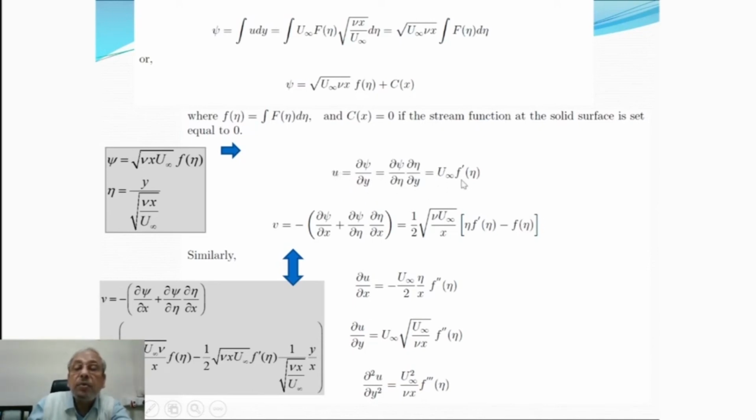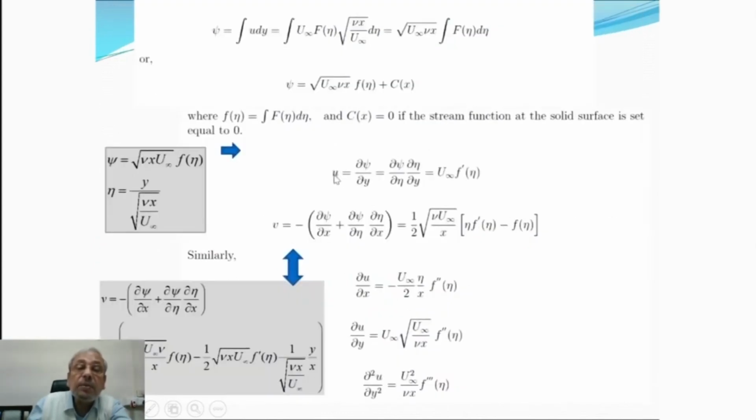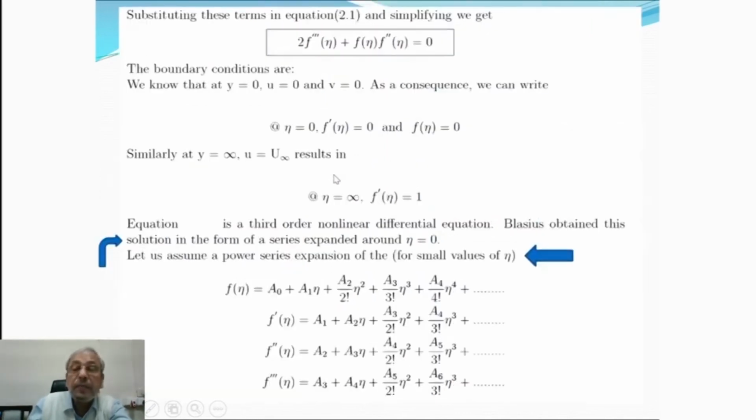That means at eta equal to infinity, f prime eta will be 1, since this u is u infinity and this is u infinity. So u equal to u infinity produces, at eta equal to infinity, f prime eta equal to 1. We have shown that.